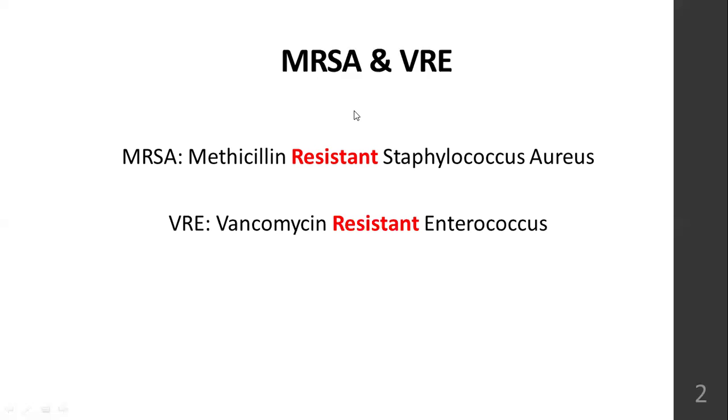Till then, penicillin was working. Then penicillin stopped working, and the next option was vancomycin. Wherever penicillin could not work, vancomycin was prescribed, and it was overused as well. That's the reason why we have vancomycin-resistant enterococcus infection.